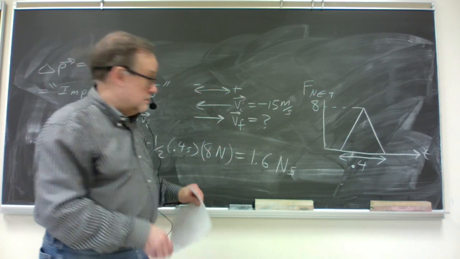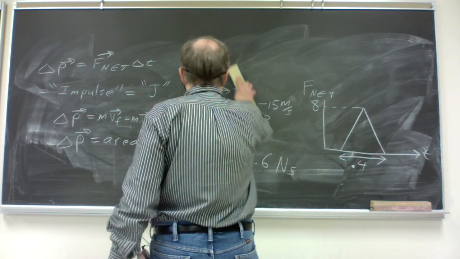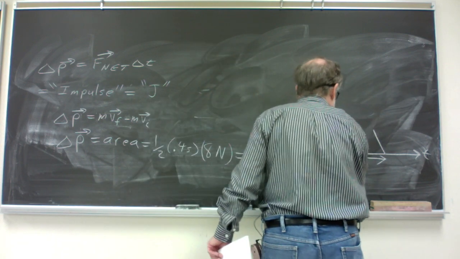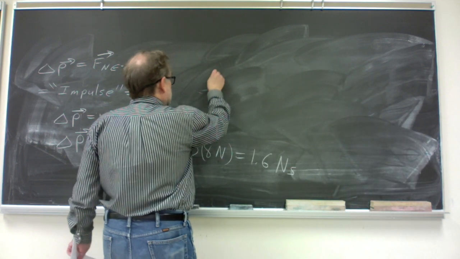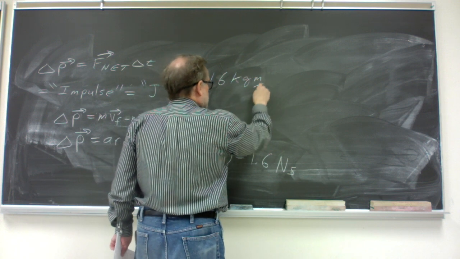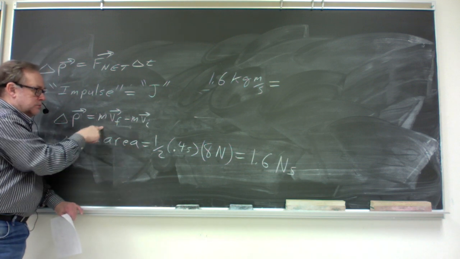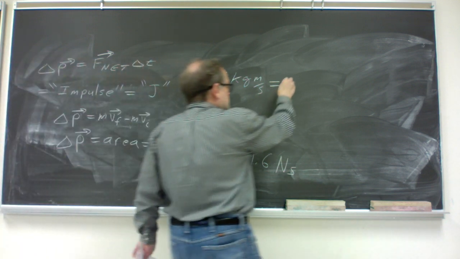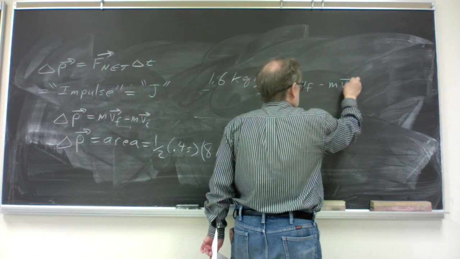Either one, they're the same. But in any case, we know that that's the change in momentum, 1.6 kilogram meters per second, and that being the change in momentum, it's just equal to this. Final momentum minus initial momentum.